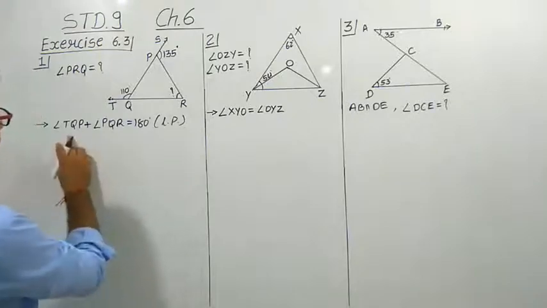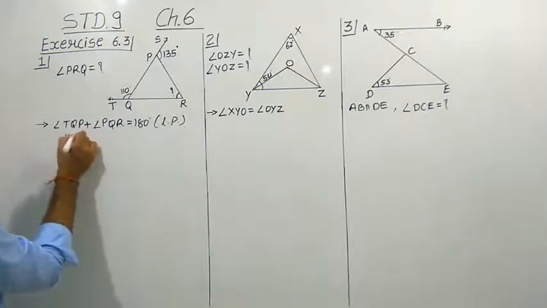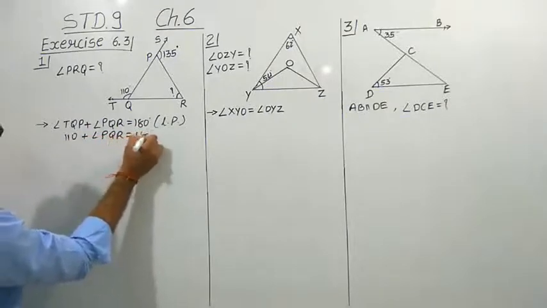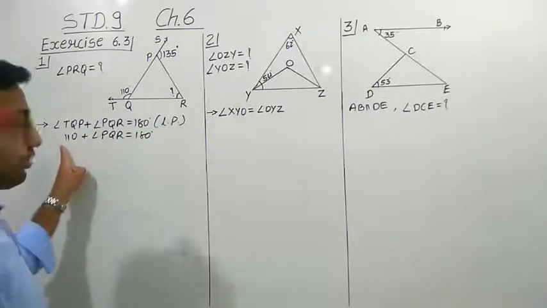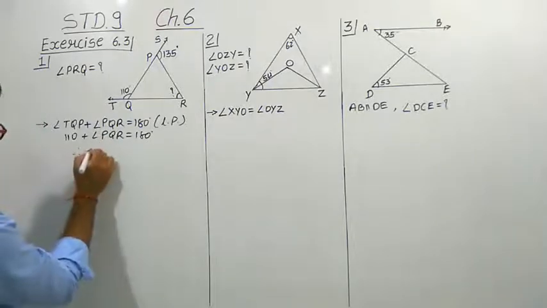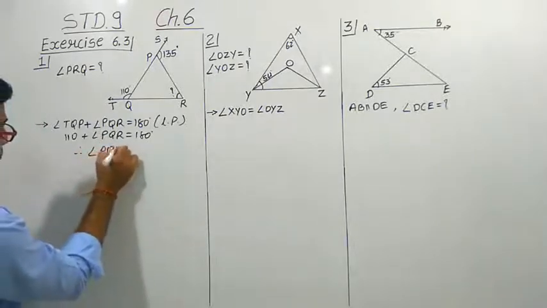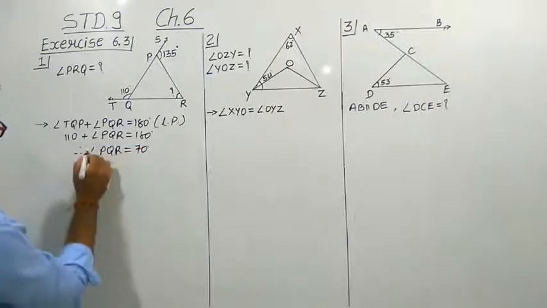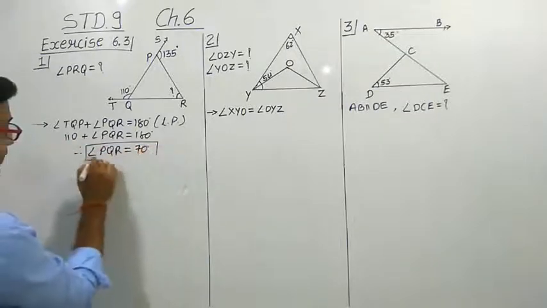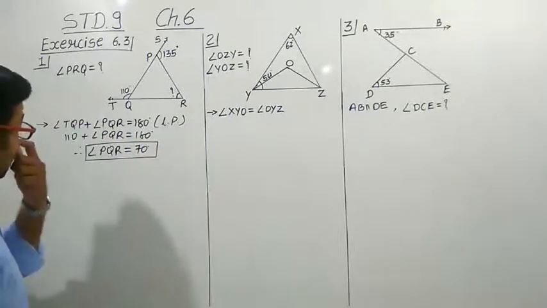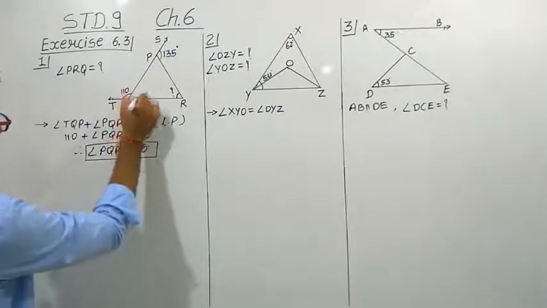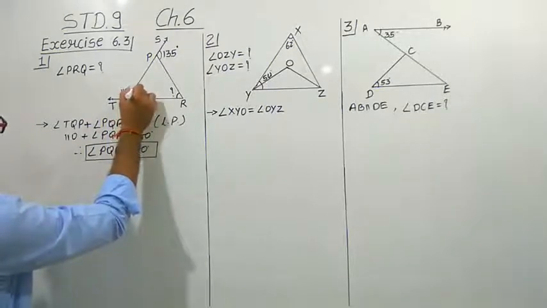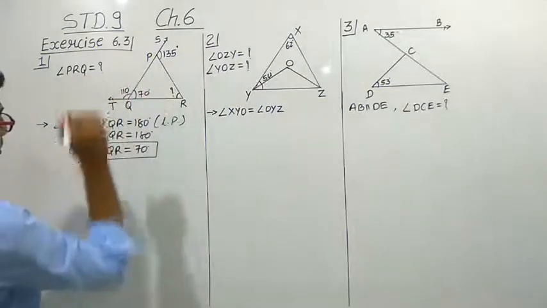So the value of TQP is 110 plus angle PQR equals 180 degrees. Now take this 110 to the right hand side. Therefore we get the value of angle PQR equals 180 minus 110, that is 70 degrees. So this is the first angle value we have, and that is 70 degrees. We can also note it down here.